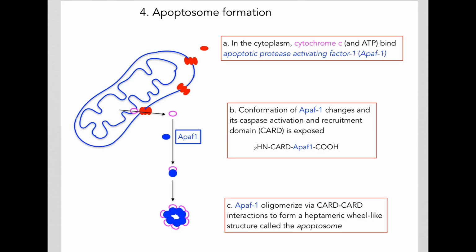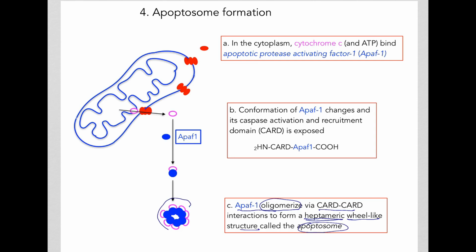So this leads to APAF1 oligomerization via CARD-CARD interaction. One CARD of one APAF1 interacts with a CARD of another APAF1, and this leads to the formation of a heptameric wheel-like structure called the apoptosome.